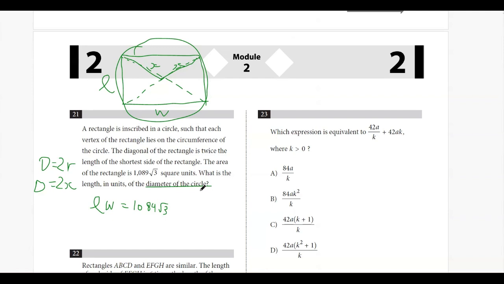The diagonal of the rectangle is twice the length of the shortest side of the rectangle.